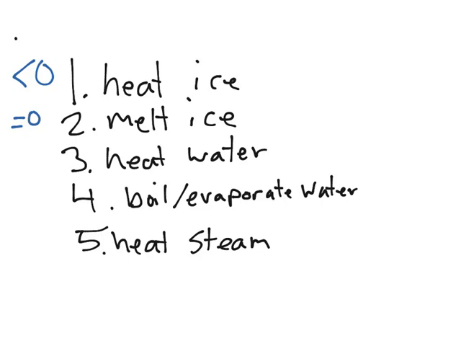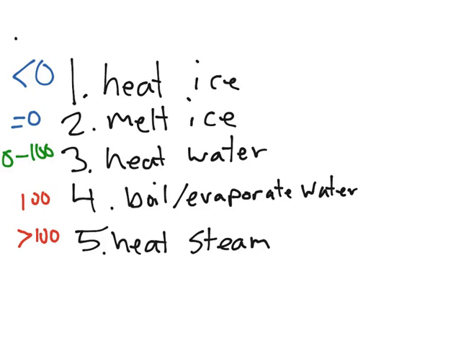Then it turns to water, and we heat the water from 0 to 100 degrees Celsius. At 100, we boil and evaporate it. And then anything greater than 100 is heating the steam. And those are basically the 5 steps.